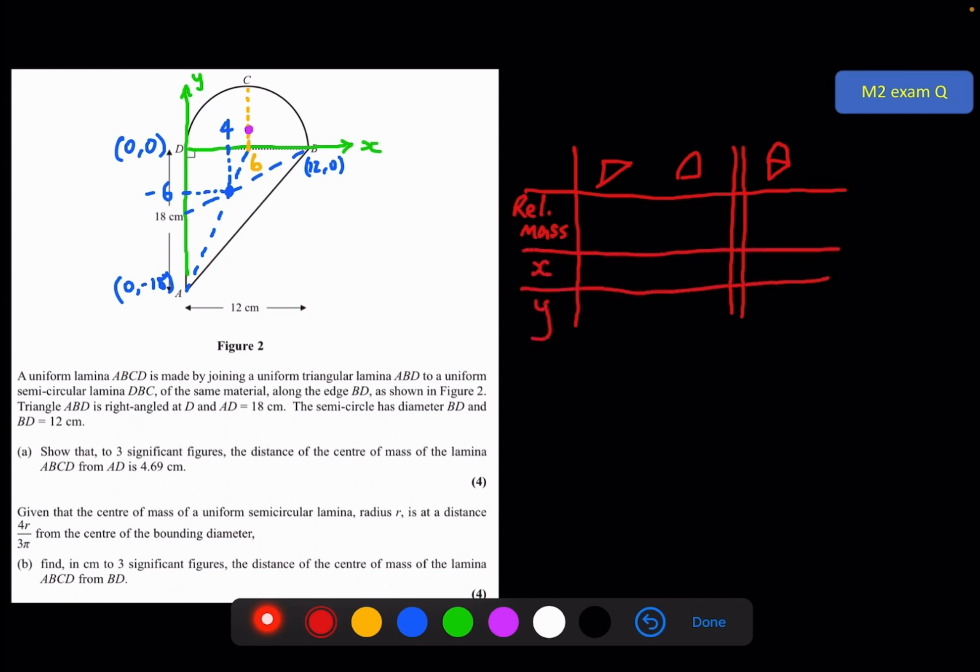I'll fill in the y as much as I can at the moment, and we'll come back to that later. The area of the triangle, 12 times 18 divided by 2 is 108. The area of the semicircle is 6 squared pi divided by 2 is 18 pi. So the area of the full shape is just 108 plus 18 pi.